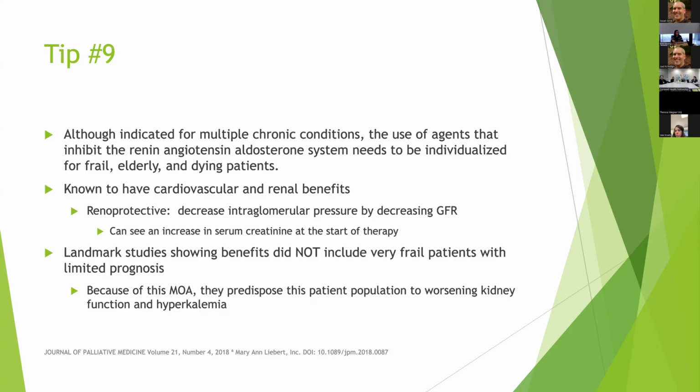The landmark studies show benefits did not include very frail patients with limited prognosis. Because of this mechanism of action, they predispose this patient population to worsening kidney function and hyperkalemia.